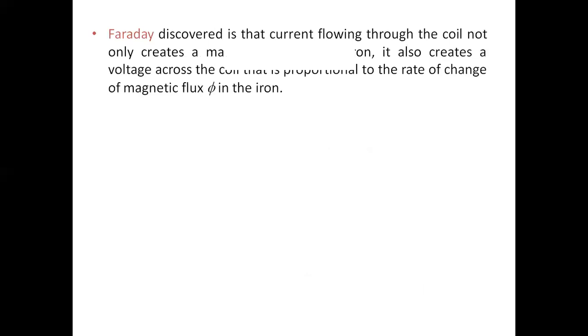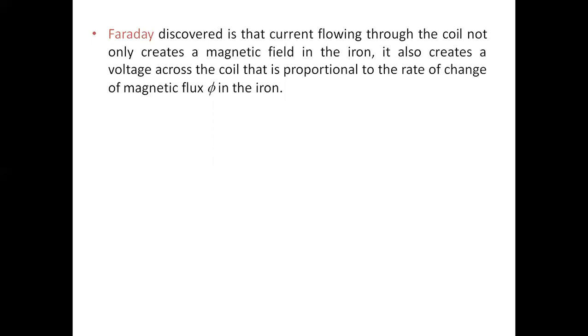Faraday discovered that the current flowing through the coil not only creates the magnetic field in the iron, it also creates a voltage across the coil that is proportional to the rate of change of magnetic flux in the iron.